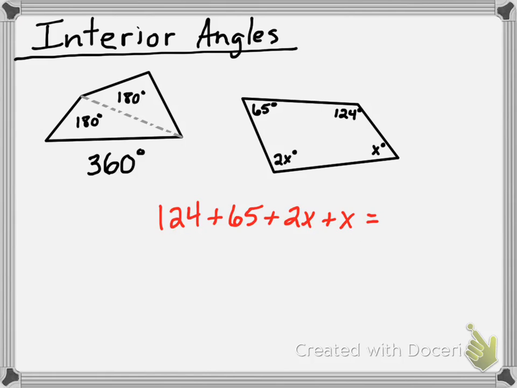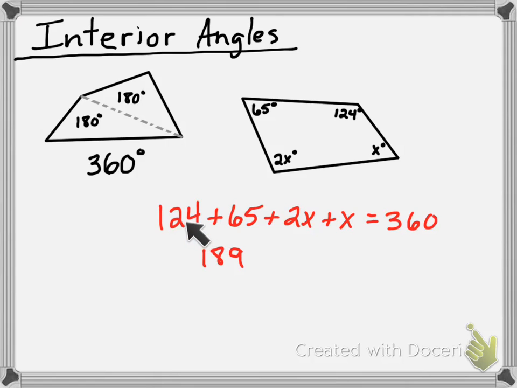And what is this going to equal? Well, I don't really know what this equals, but I know when I add all the interior angles together, I always get 360, as long as it's a quadrilateral. And since this is a quadrilateral, this has got to equal 360, because it always equals 360. So now I just have an algebraic equation, and we can solve algebraic equations.